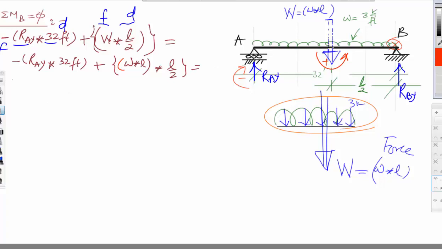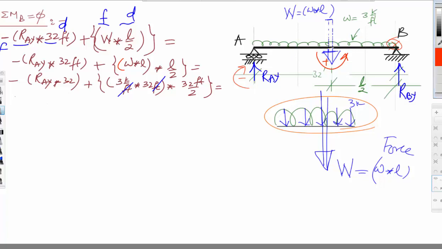So if we do the numbers now, RAY multiplied by 32 plus W, again I want you to watch the units: 3 kip per foot multiplied by the entire distance, 32 feet, multiplied by 32 feet divided by 2. So you see here this foot and this foot will be cancelled out, so you'll be left with kip foot.